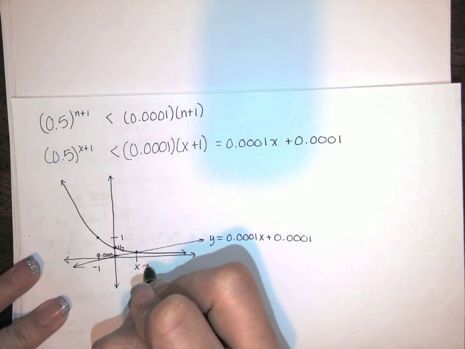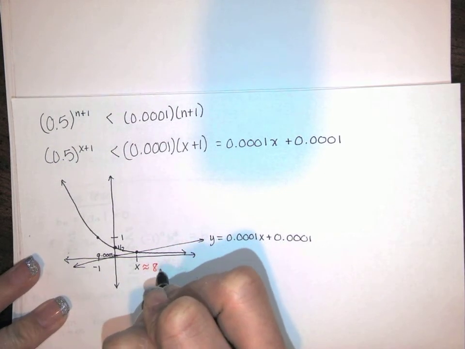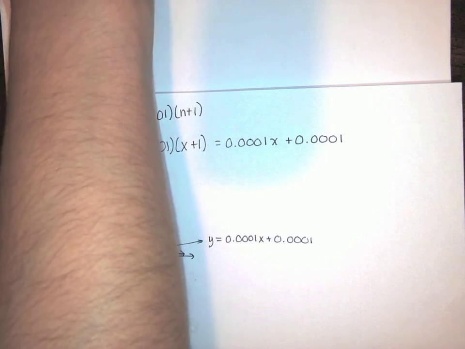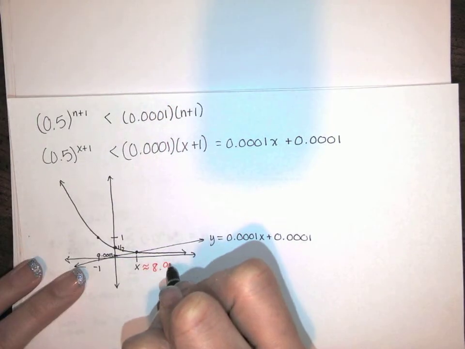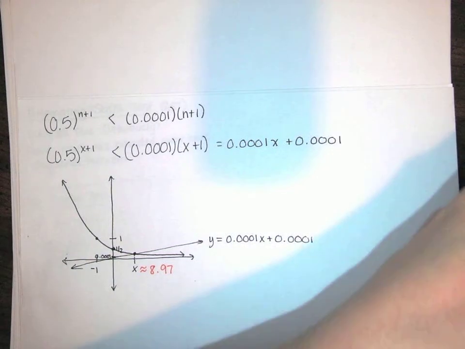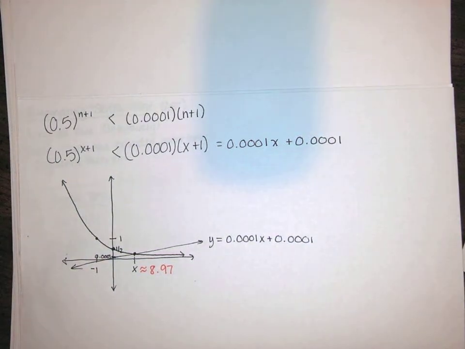And they gave me an approximation. They said x is equal to 8.97 approximately. So what was that question again? Let's go back to the original question. I lost it.